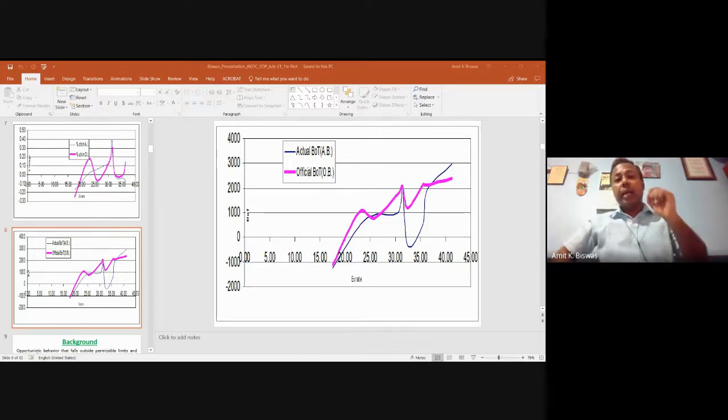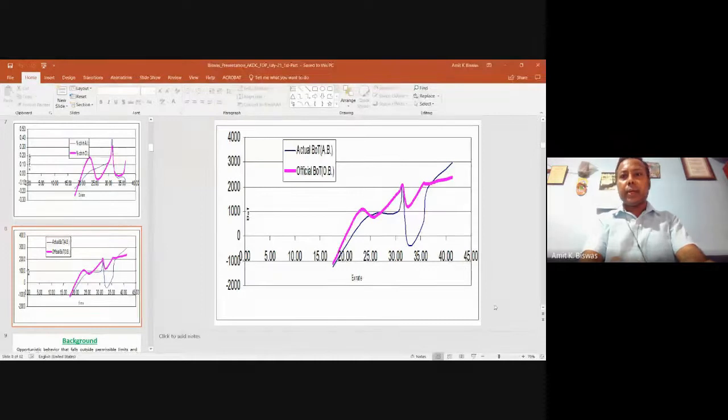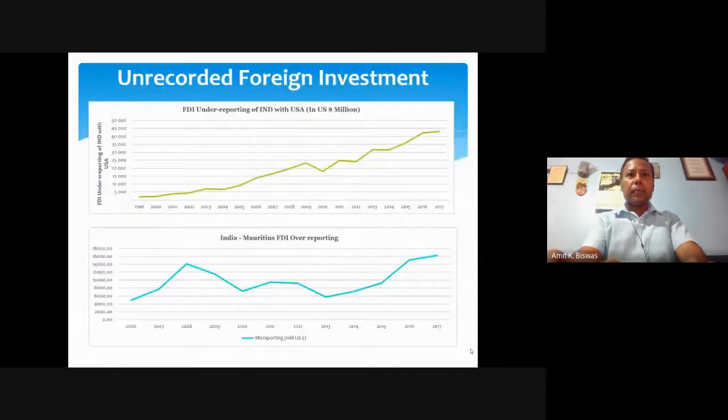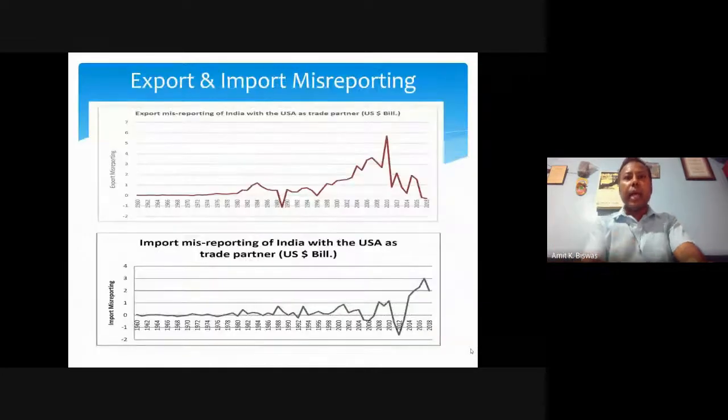But there is a big but, because I'll be taking you back to one slide which I've already shown to you. Here you see our imports too are underreported.